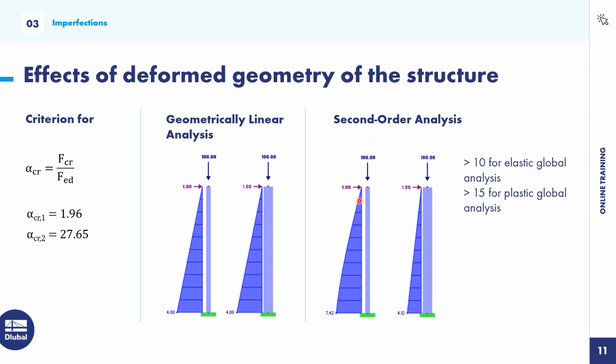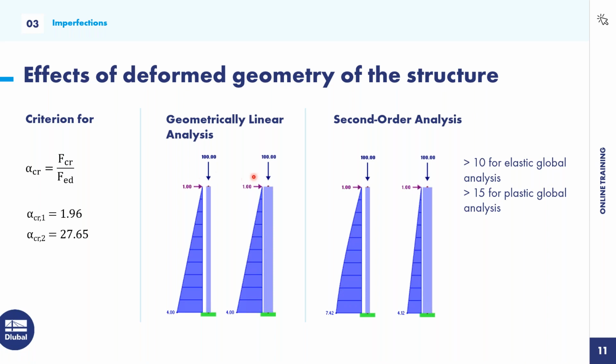And this is pretty important to know. And the critical load factor is the ratio between the critical load and the existing load affecting this building or affecting this structural component.